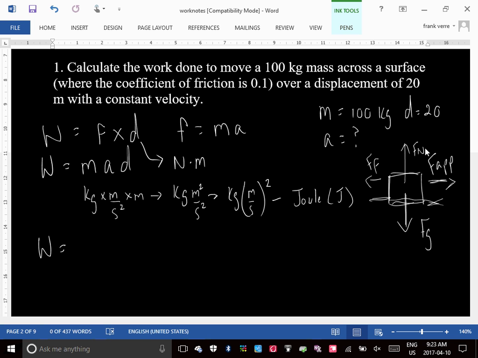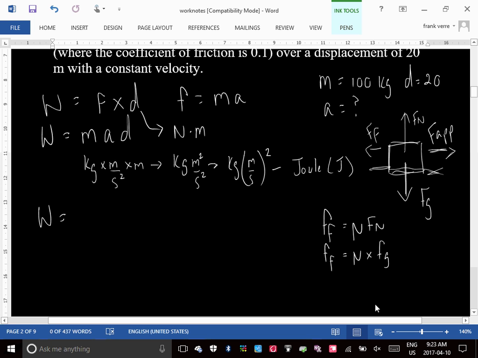How would you figure out then the force of friction in this case? So yeah, it would be what? The force of friction is the same as mu times the normal force, right? The force of friction is the same as then mu times the weight, because the normal force is the same as the weight.